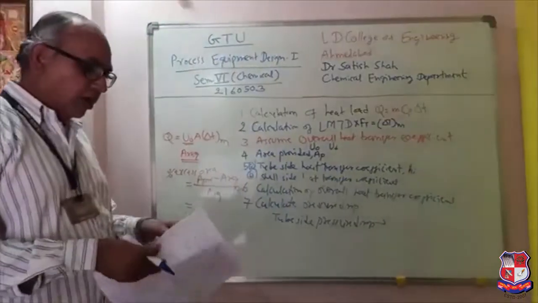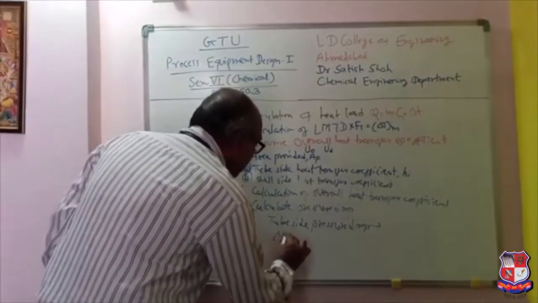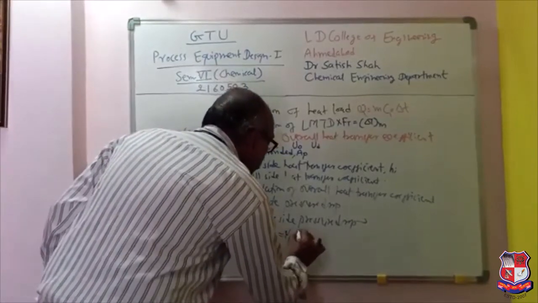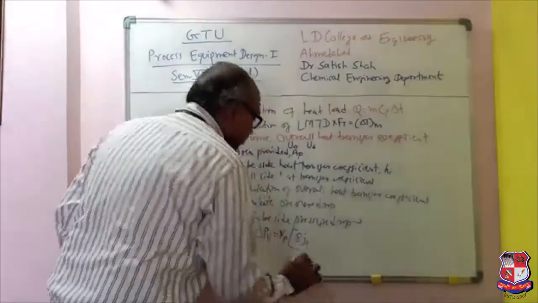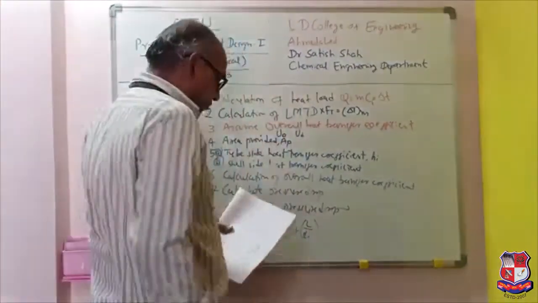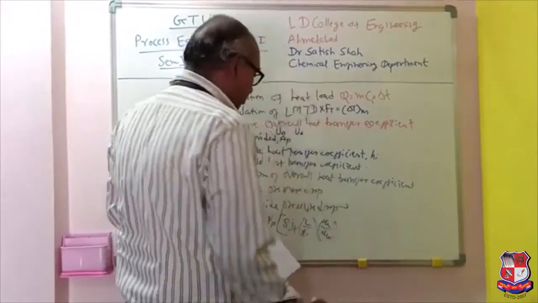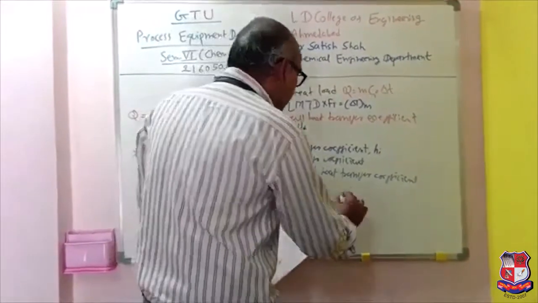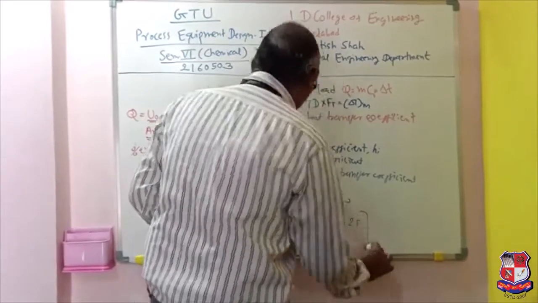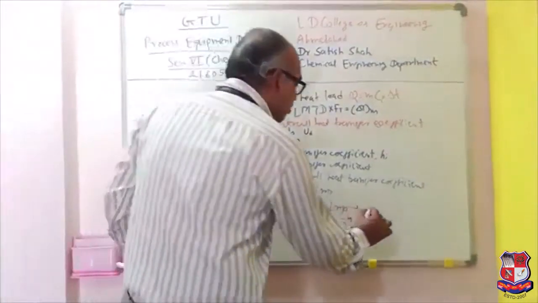When you want to calculate the tube side pressure drop, the formula is delta PT is equal to NP into 8 JF into L upon DI into mu by mu W raised to minus M, plus 2.5, into rho ut square by 2.